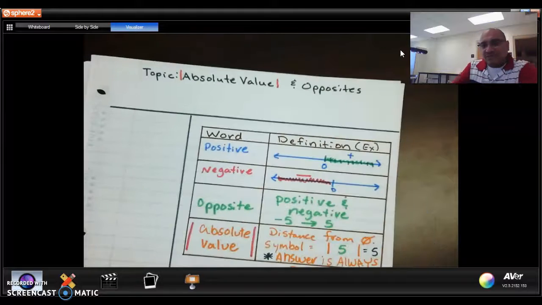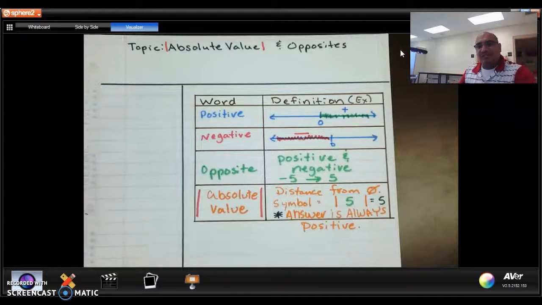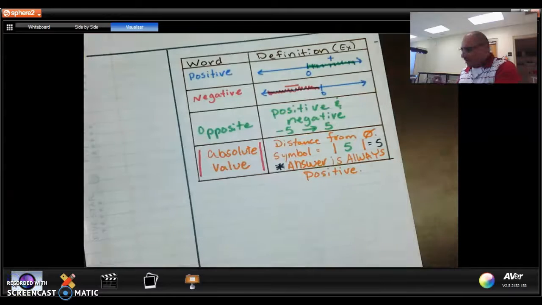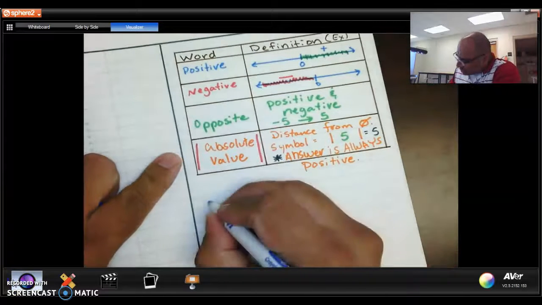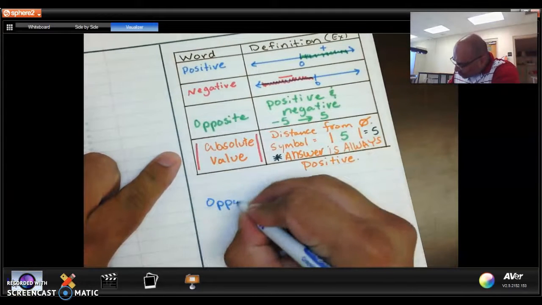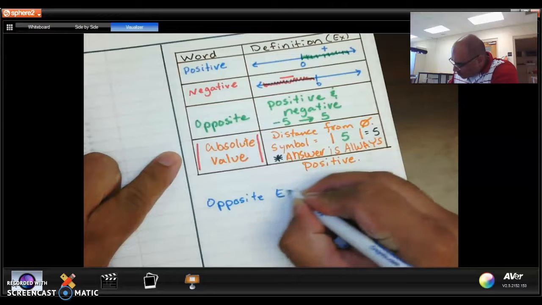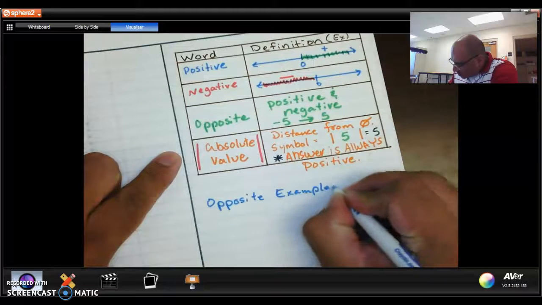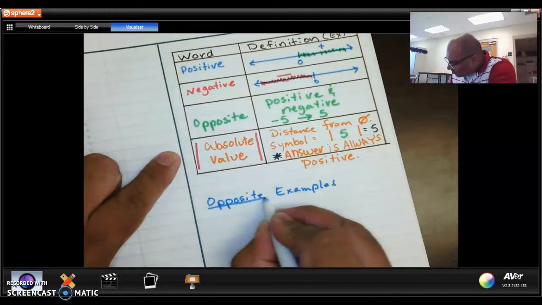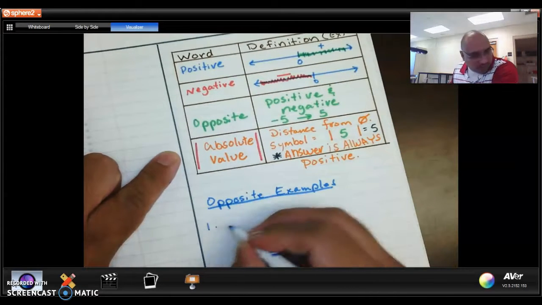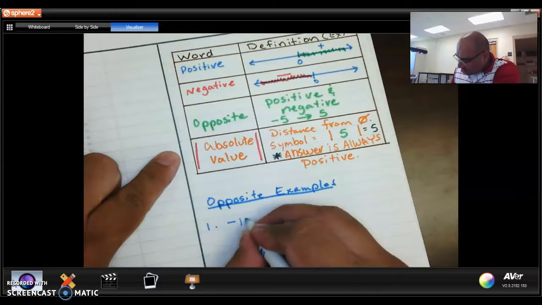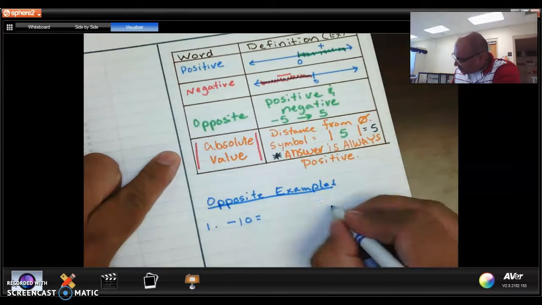So let's do a couple of examples so that way we understand what these definitions mean. All right, so we're going to deal with opposite examples first. And we're going to do a few of them. Okay, so for the first one, we have negative 10.